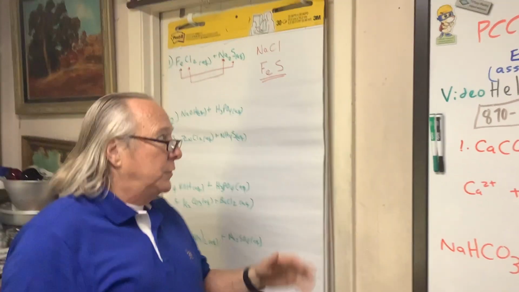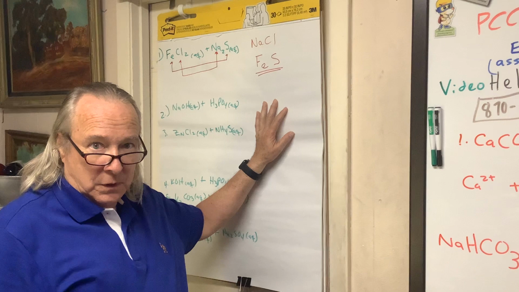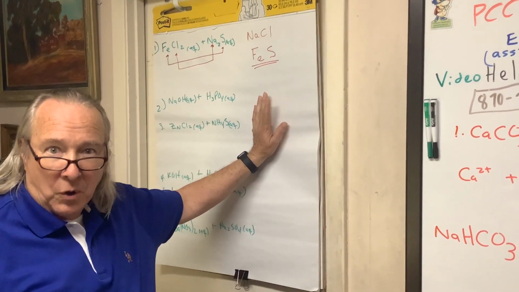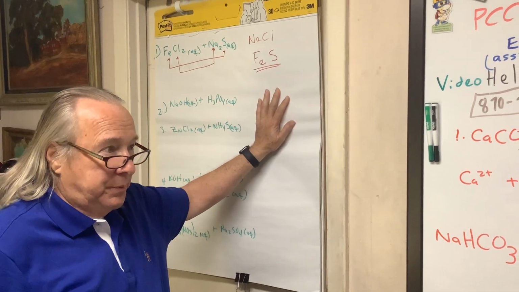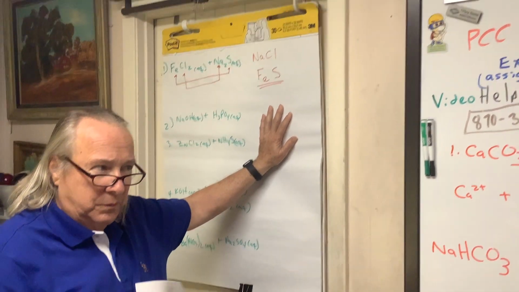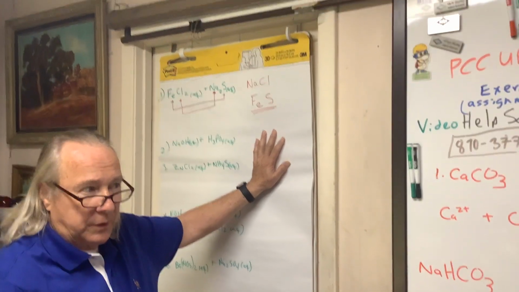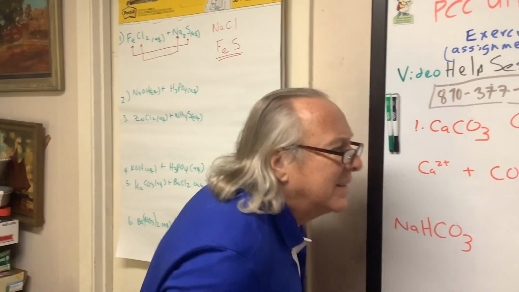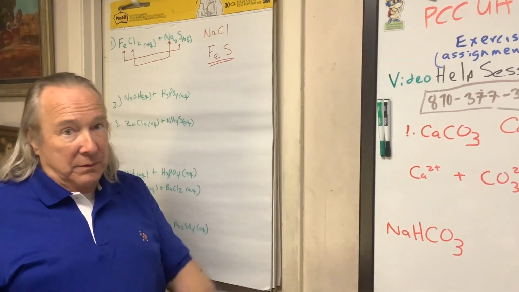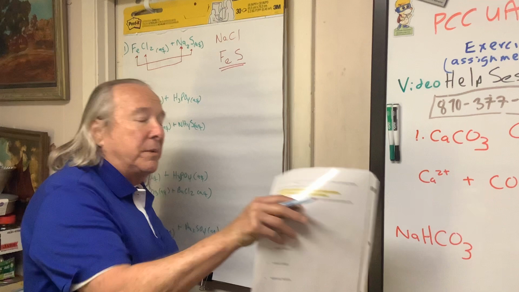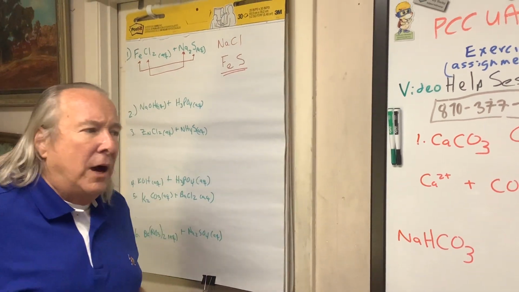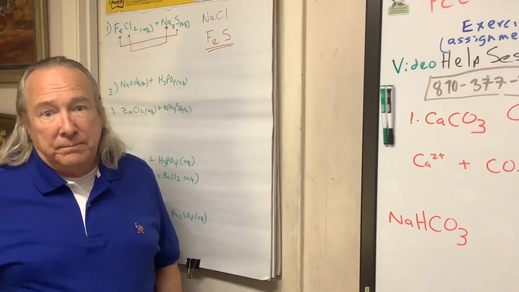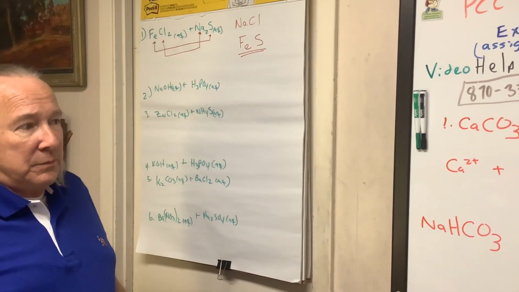The other rules are, if you're a group 1 metal, lithium, sodium, potassium, rubidium, cesium, and francium. We don't encounter a lot of rubidium and francium and maybe only rarely cesium, so we're talking lithium, sodium, and potassium.